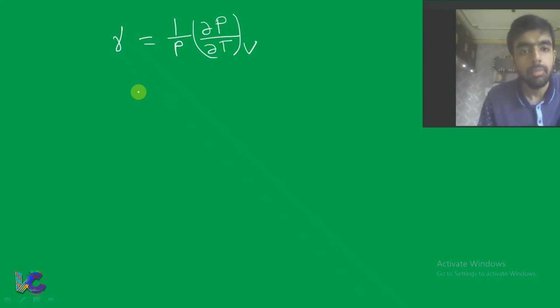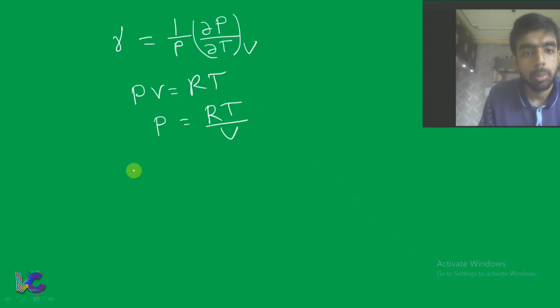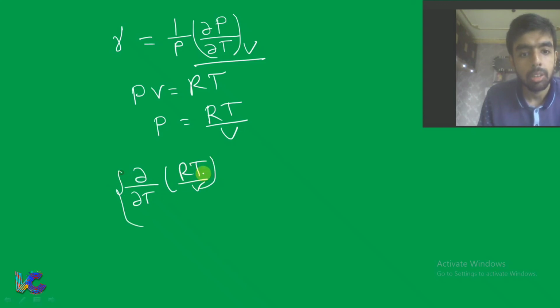Okay. So for PV equal to RT, P is equal to RT by V. If you want to calculate del P by del T at constant V, that means del by del T of RT by V at constant V. R is a constant, V is a constant, so R by V comes out of the derivative sign.